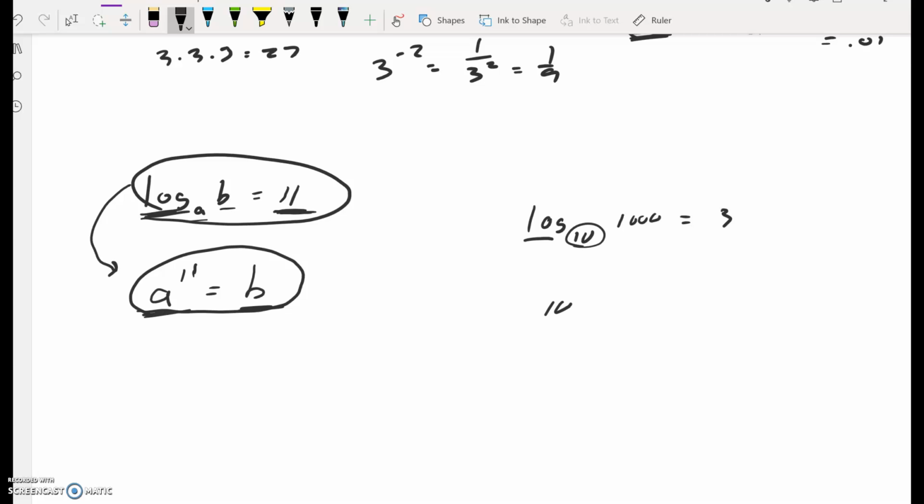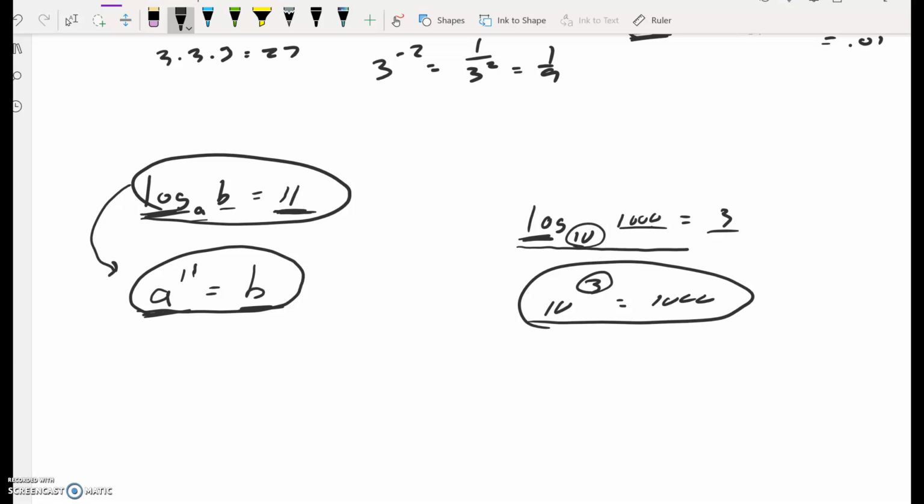A logarithm is an exponent, and this logarithm equals 3, so 3 is an exponent on the base, and the net result is 1,000. Remember, this is the power you raise 10 to get 1,000. And we're raising 10 to that power, and so we're getting 1,000. This is the exponential equation. 10 to the third power is 1,000, and you've got to understand that it's a much easier equation to look at than this new kind.